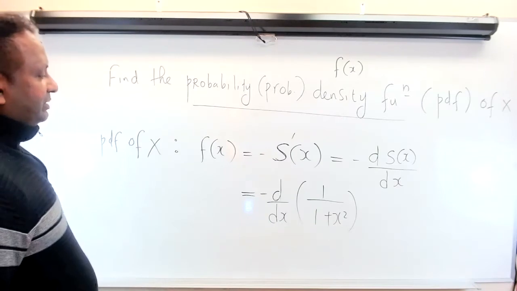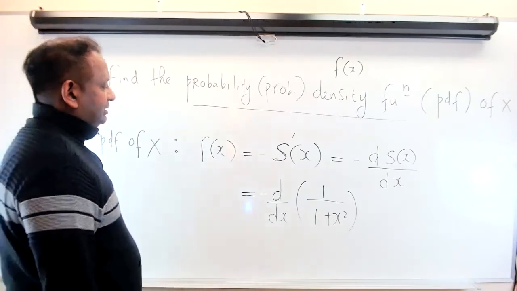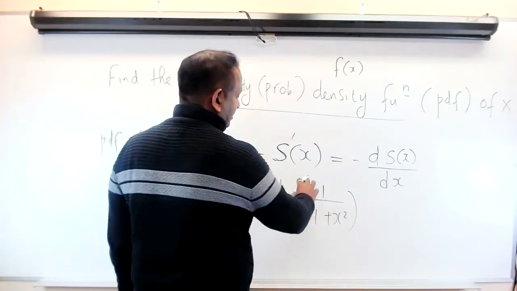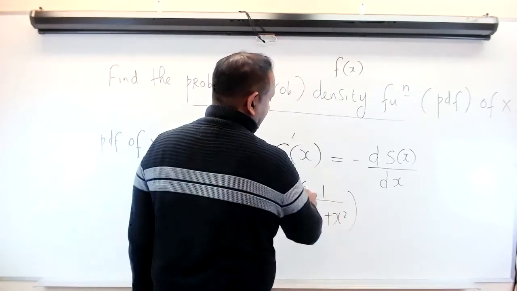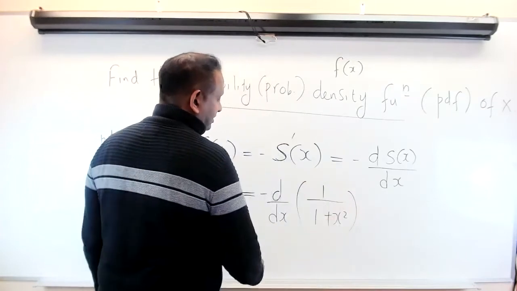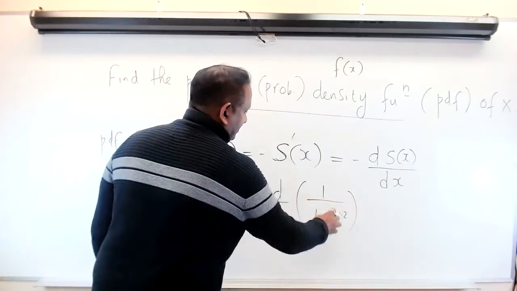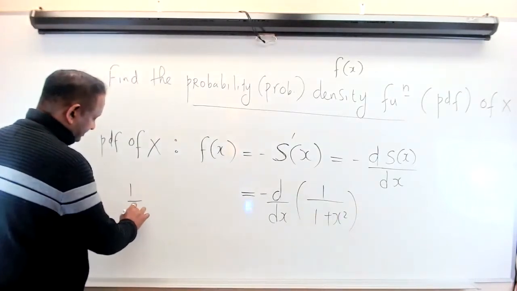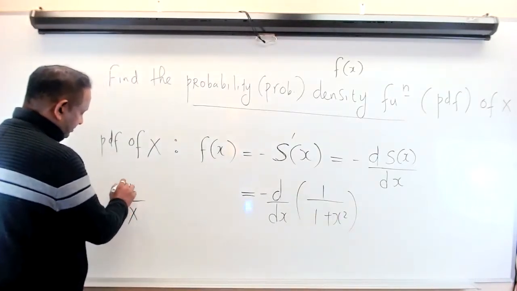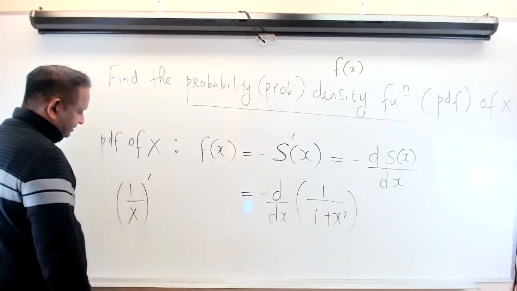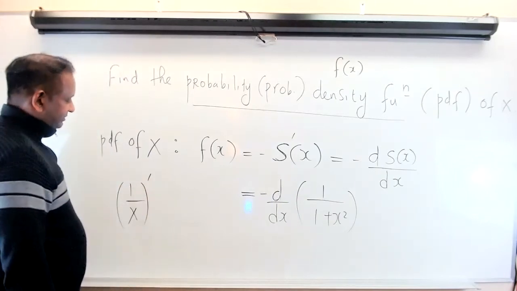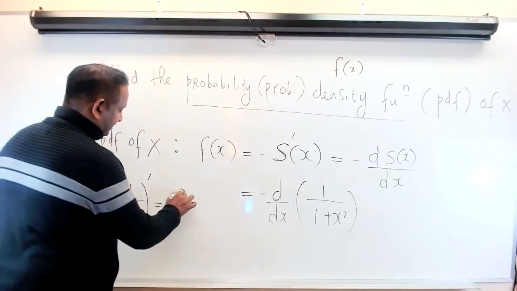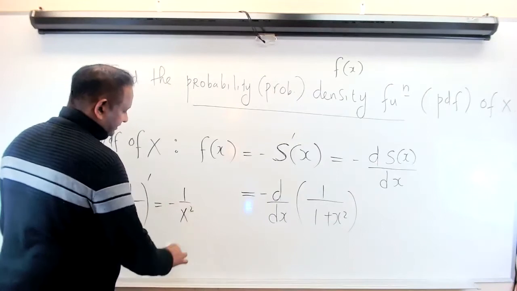How do you take the derivative of this? See, it's easy. One shot, no? You can use the chain rule. If you have 1 over capital X and you are looking for its derivative, the first derivative can be minus 1 over x squared.